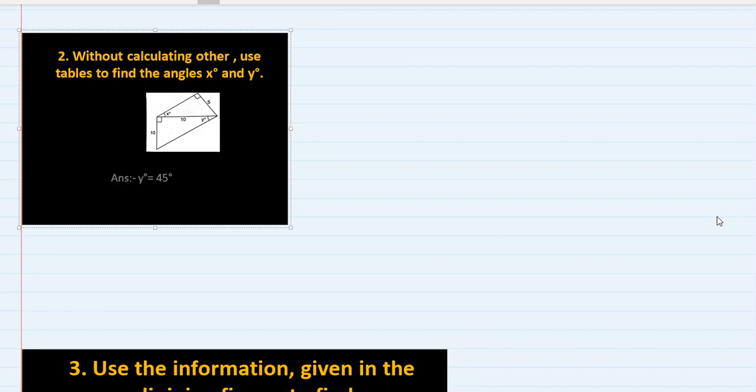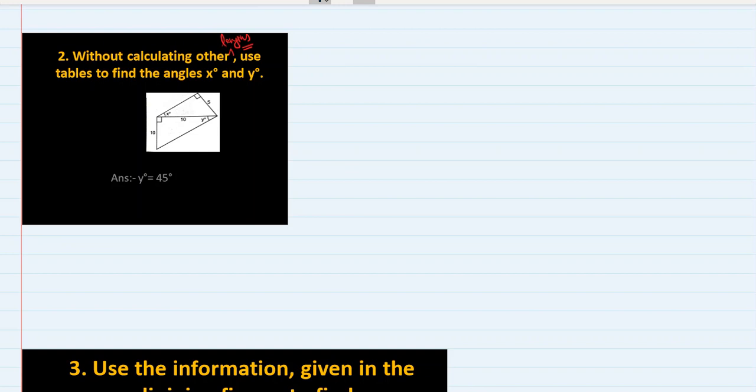They are saying that don't find the other lengths. So we are not to use Pythagoras theorem, right? So we have to find x and y.